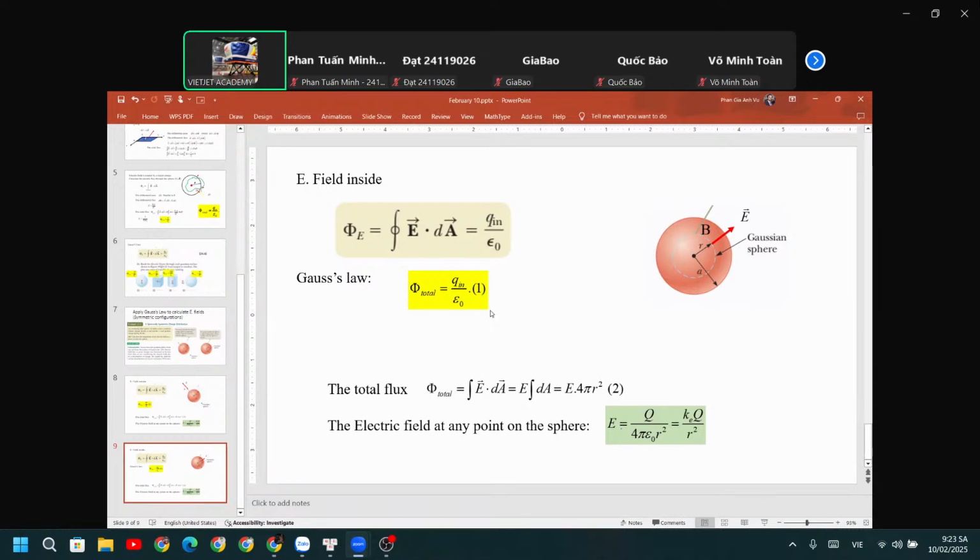Q in is the charge inside our Gaussian surface, or Gaussian sphere now.